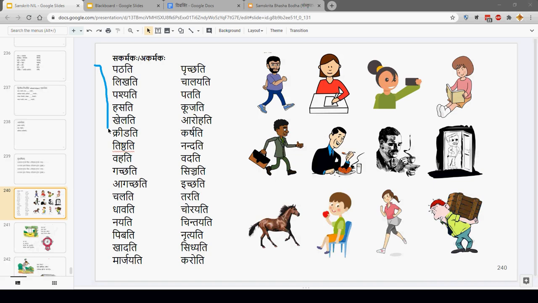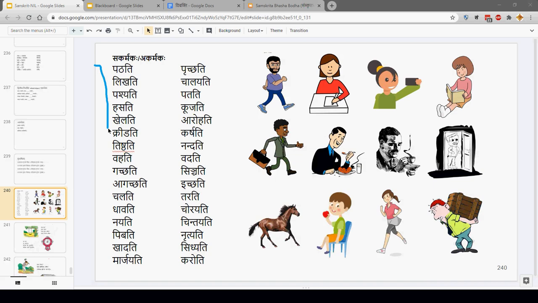And Kelati, I'm not sure I remember the meaning of Kelati though. Kelati is playing. So it's intransitive in Sanskrit, right? Because in English we said that it's transitive, but in Sanskrit it's intransitive, right? Yes. Correct.